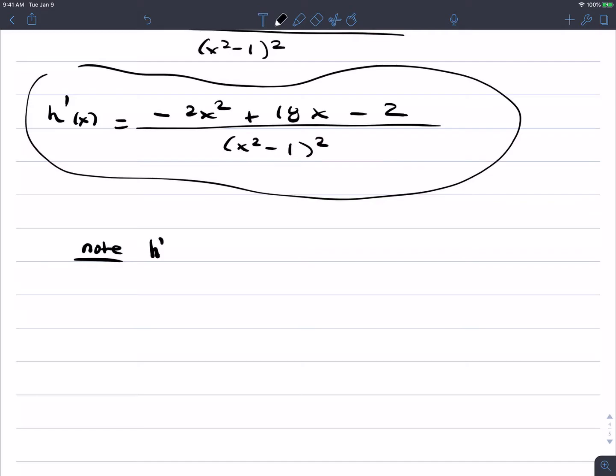For this function, if you look in the back of the book, you're going to see a minus sign here at the same level with x squared minus 1 squared. Now, what they did here was factor out a negative 1 from each term, and they're going to put it in the numerator.